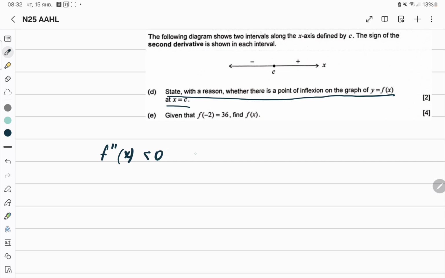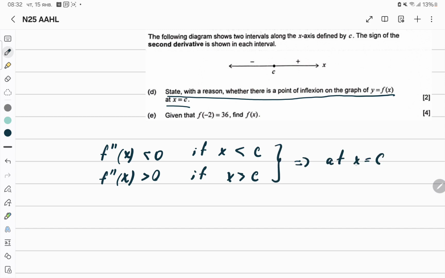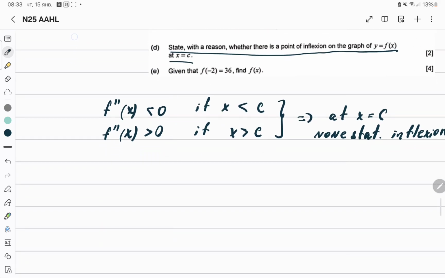It is negative if x is less than c, and f double dash of x is positive if x is more than c, right? So that is why we can deduce that at x equals c there is a non-stationary inflection. That's how you will get another 2 marks.